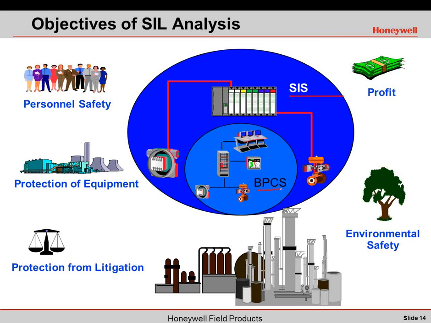So here you see we have a SIS and a BPCS. That just stands for Basic Process Control System. And as I said, this safety business is full of acronyms. So here, Basic Process Control System is how you would refer to the system that normally controls your process. The SIS system is totally separate, and that's the safety system for your process.